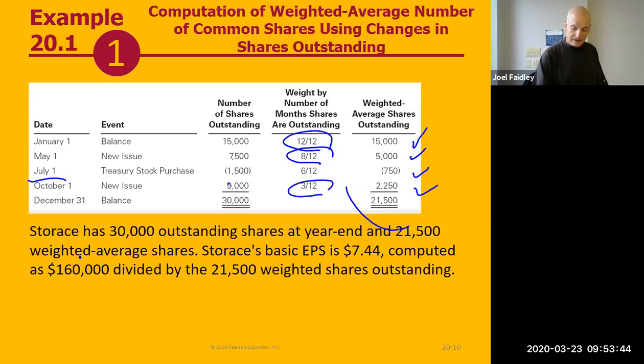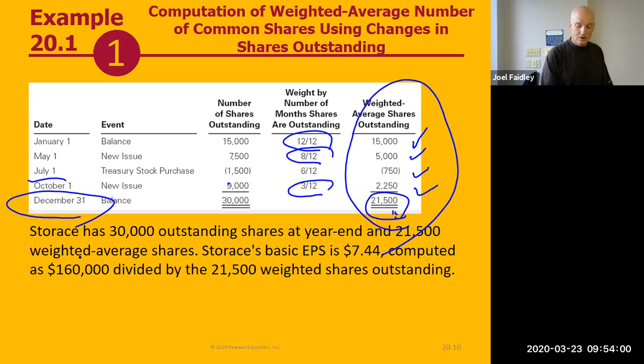All right, so we just add all that up, and that gives us our weighted average number of shares. So that's what we use for our denominator in calculating earnings per share. Now, if you were to look at your balance sheet and your year-end statements for December 31, 30,000 is what's going to be on there as shares outstanding.